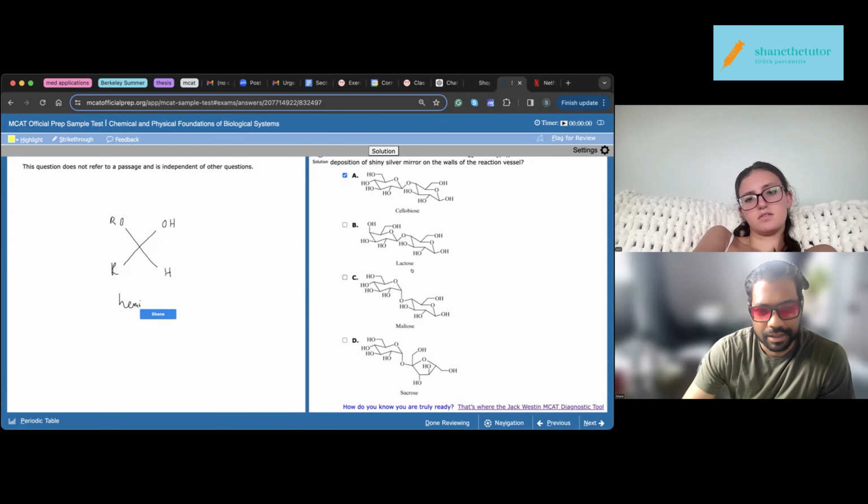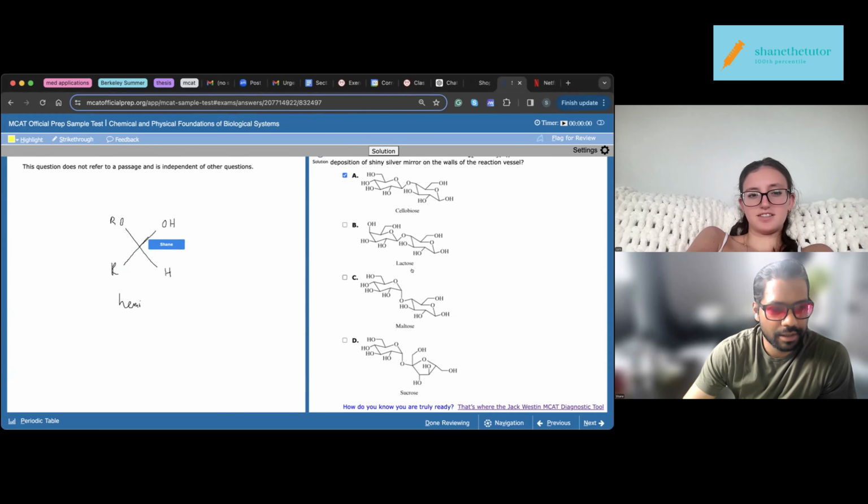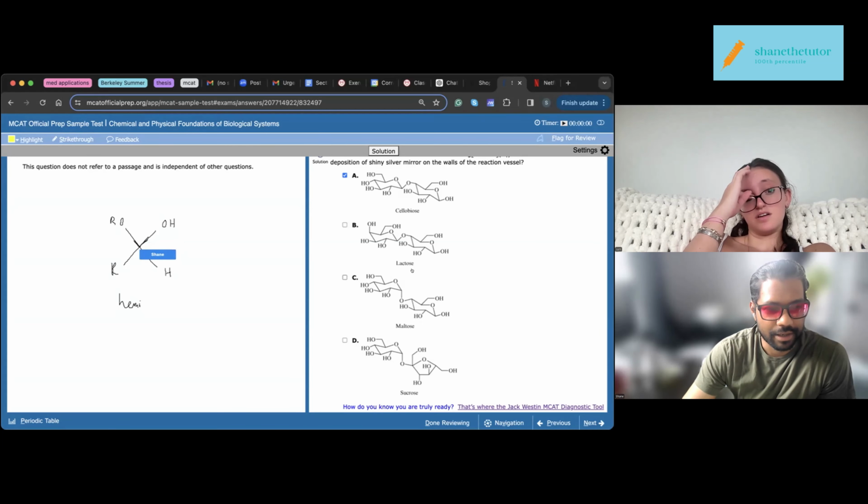Why is it a hemi? What about its structure makes it that? It's mostly this part over here, the top part, where it's bound to an OH and an OR group.